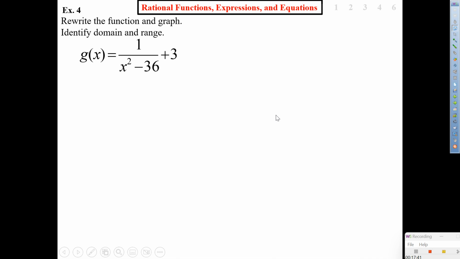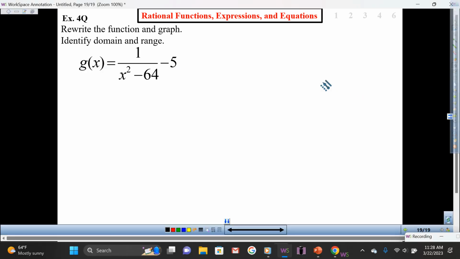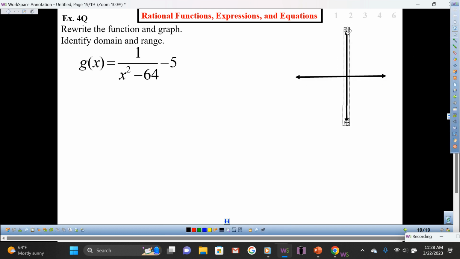Here we go. Copy this one, example 4Q. g of x equals 1 over x squared minus 64, minus 5. Get my blank coordinate plane over here. There it is.